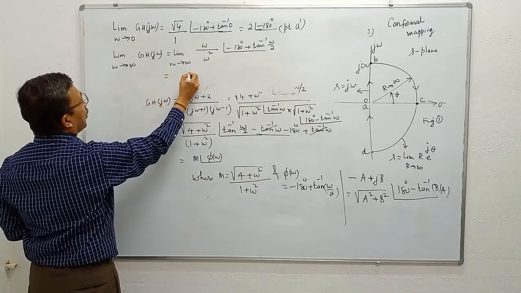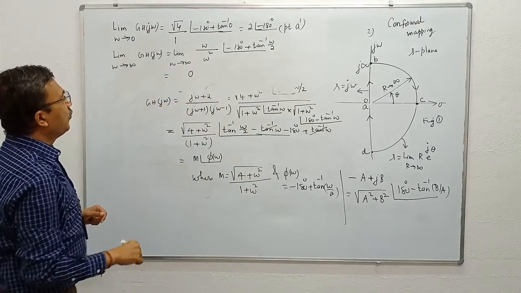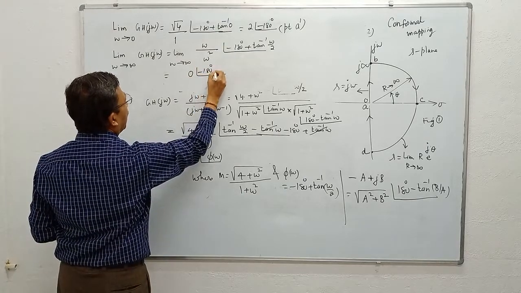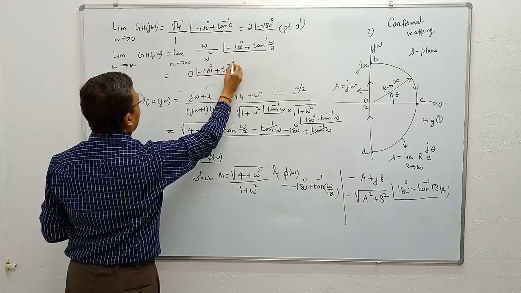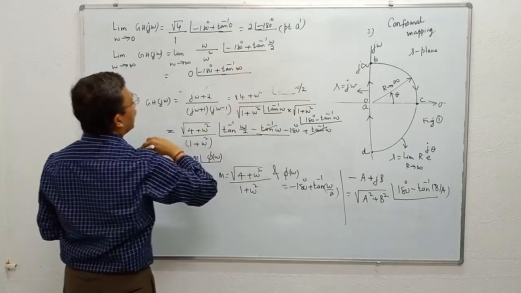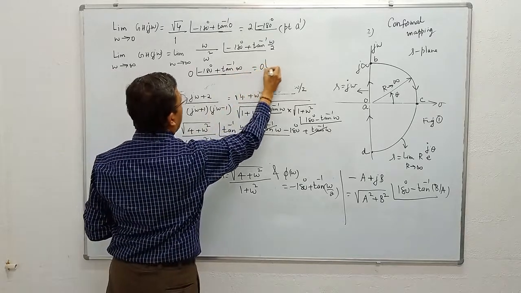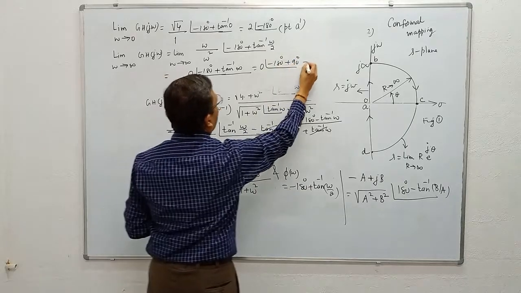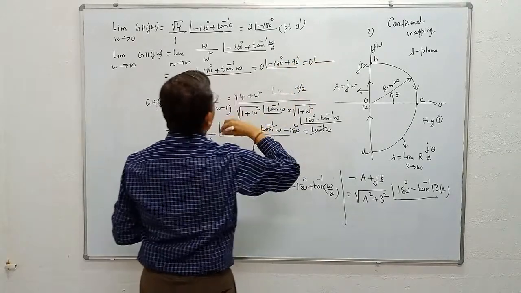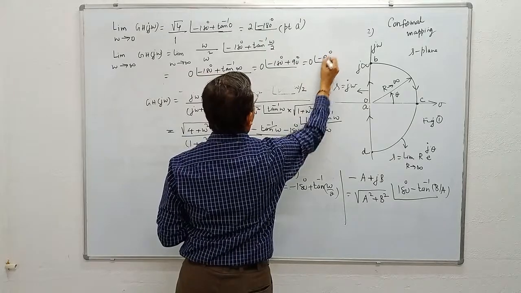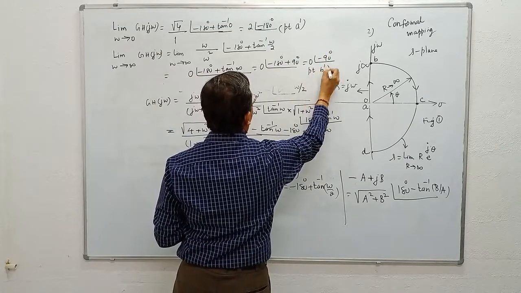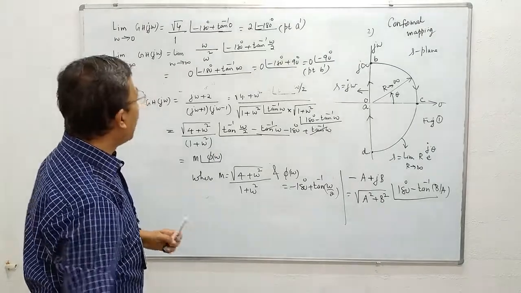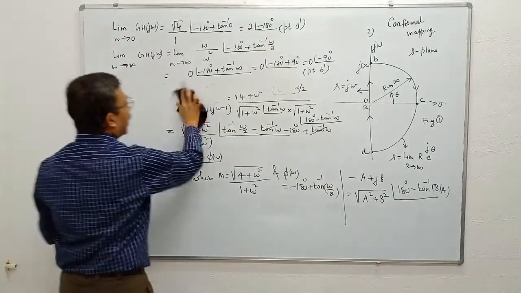As omega tends to infinity, 1 over infinity is 0. At an angle minus 180 degrees plus tan inverse of infinity, which is 90 degrees. So you get 0 at an angle minus 90 degrees. This is point B dash. B dash is the image of point B. Now I will plot the path A dash B dash.